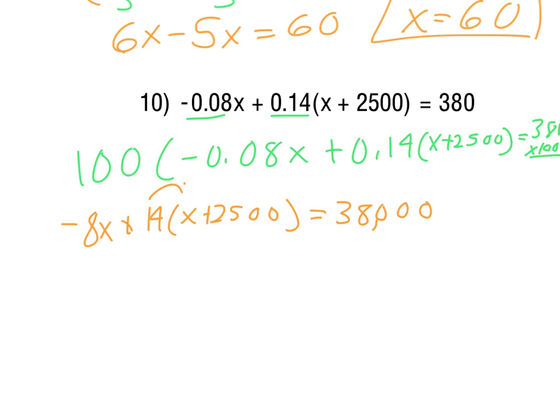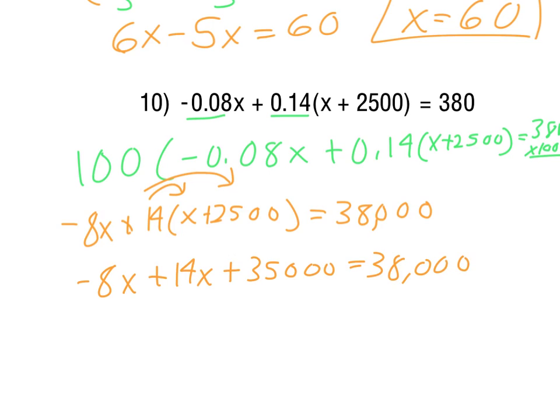We do need to distribute the 14, which brings us to a negative 8x plus 14x plus 35,000 equals 38,000. Combining the x's on the left side gives us 6x.